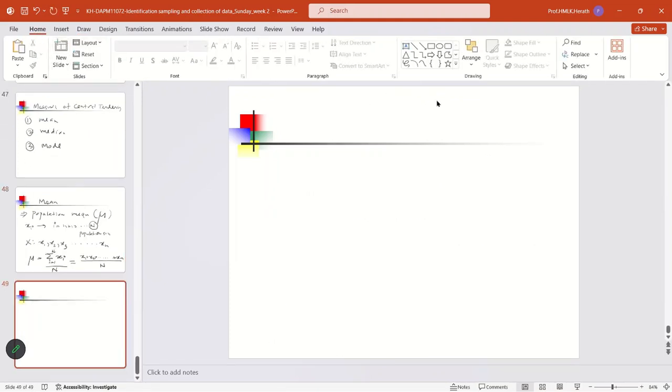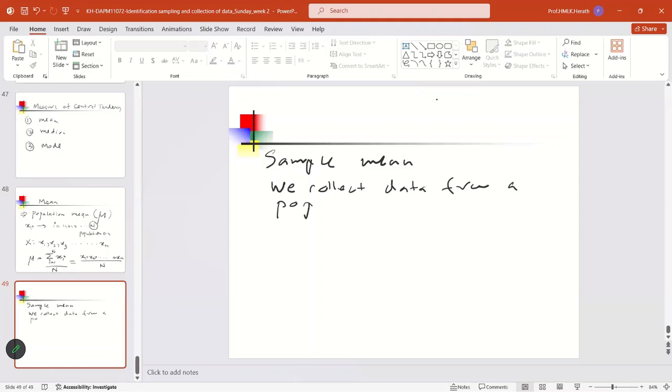The second thing that we talk about is the sample mean. We collect data from a population using a sample of size n.